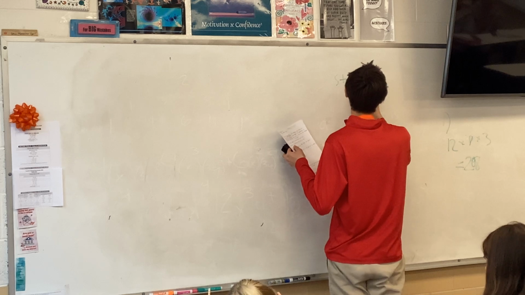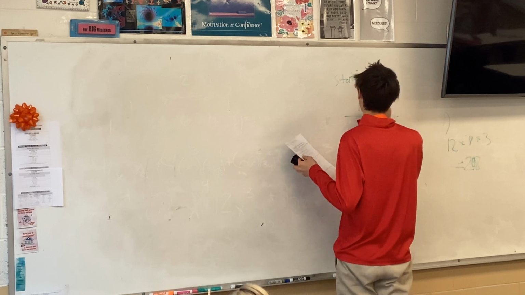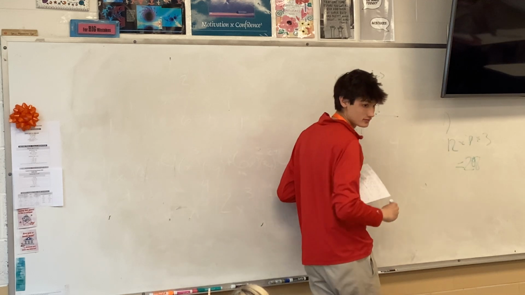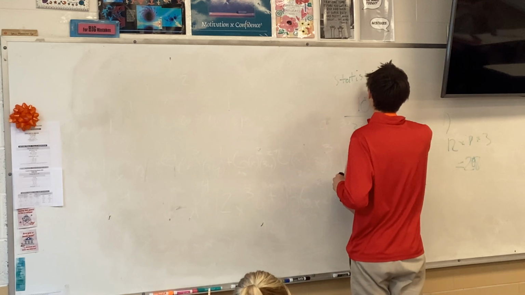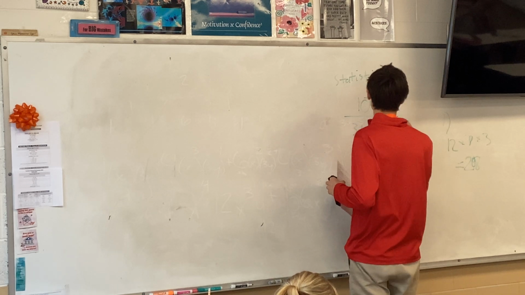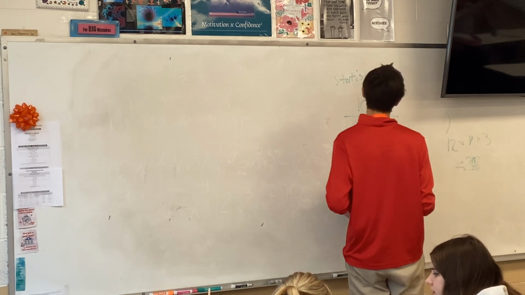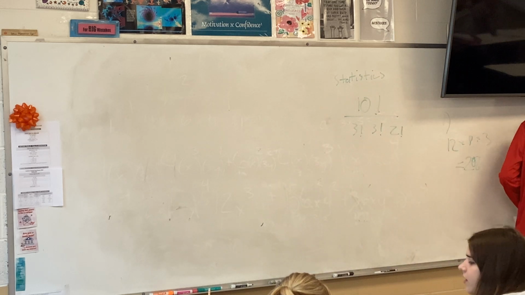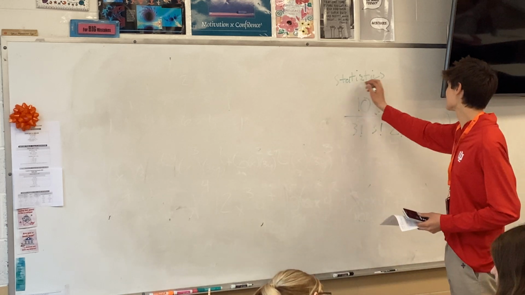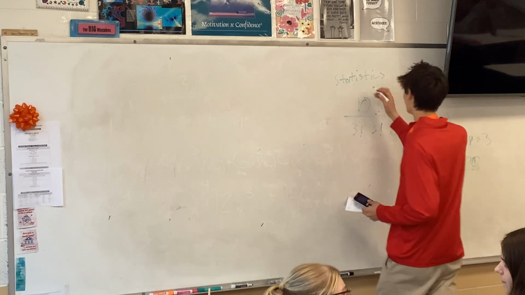So there's 1, 2, 3, 4, 5, 6, 7, 8, 9, 10. So he started with 10 factorial. Does anybody know why? 10 letters. And then what are you dividing by? 3 factorial, because there's 3 T's, and 3 S's too, and 2 I's.